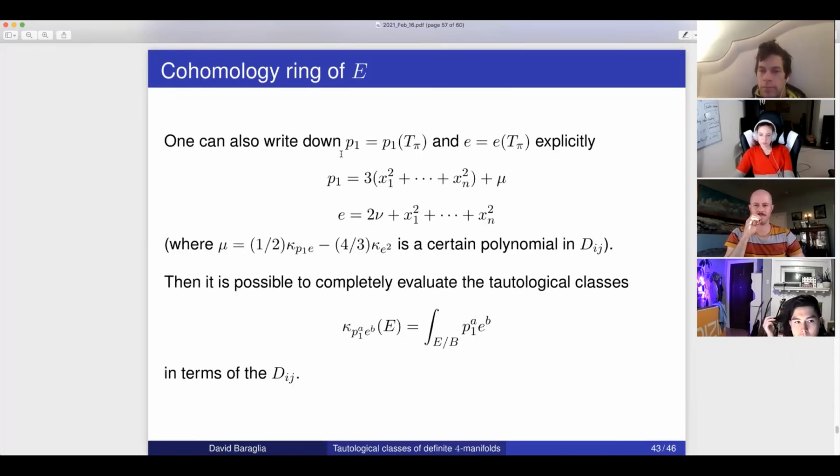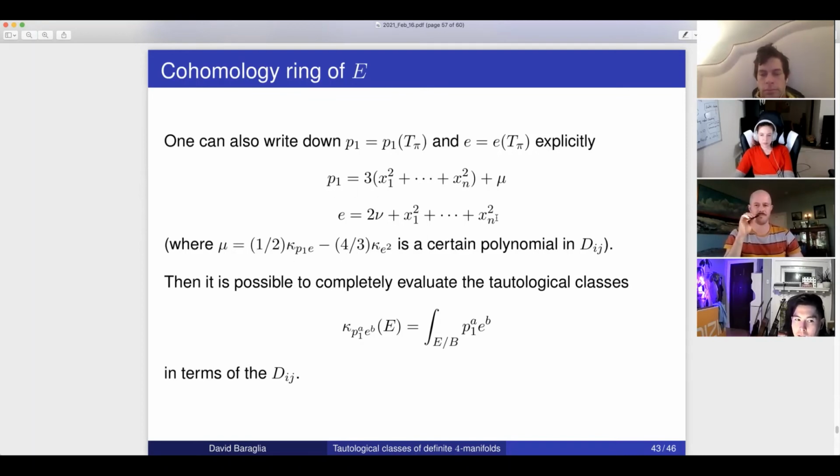And likewise, you can work out the Pontryagin class and Euler class of the tangent bundle. Again, they're given by some explicit formula. So p1 is 3 times x1 squared up to xn squared plus mu, where mu is a certain polynomial in the Dijs, and it works out to be this tautological class here.